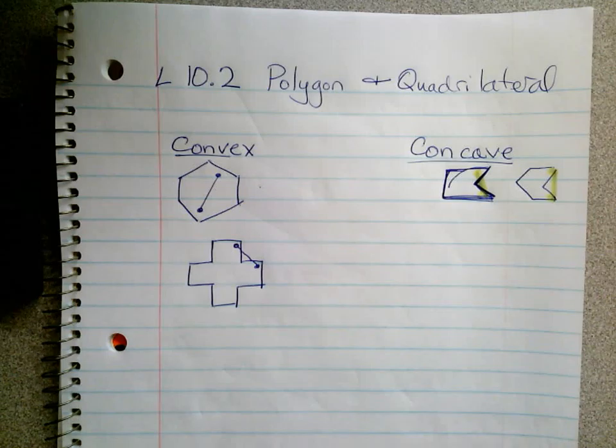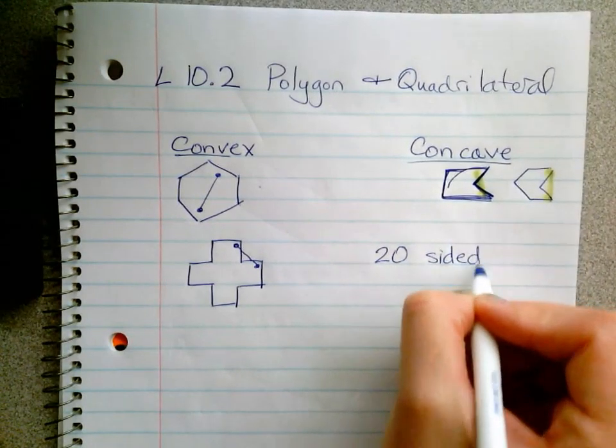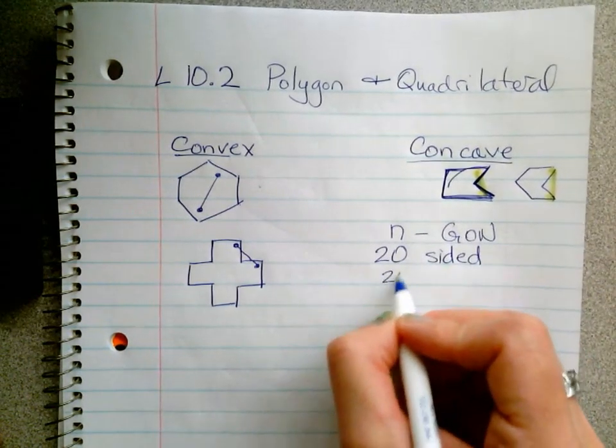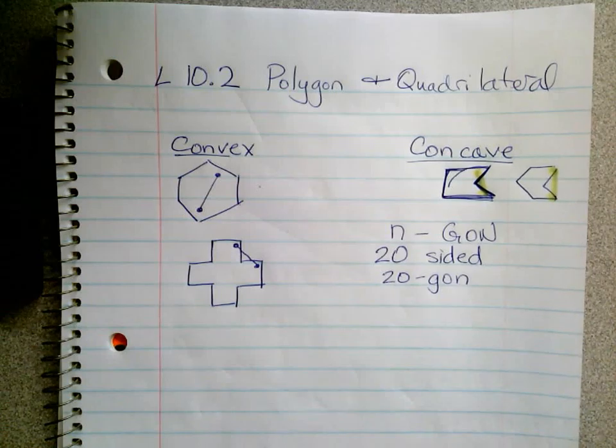If you have a 20-sided shape, it is a 20-gon, okay? Once you get beyond 8, it becomes the number plus gon.